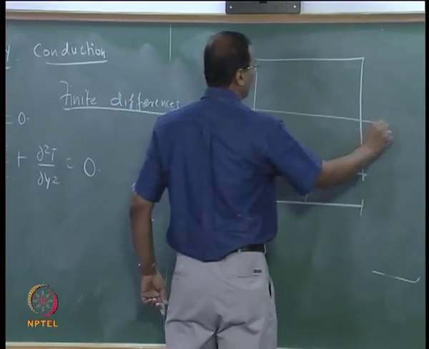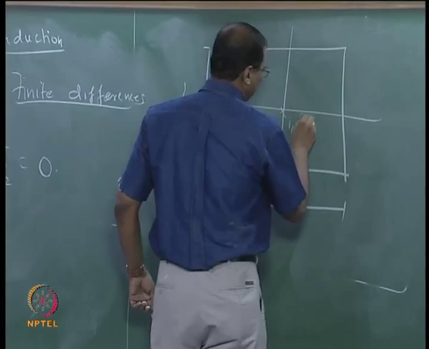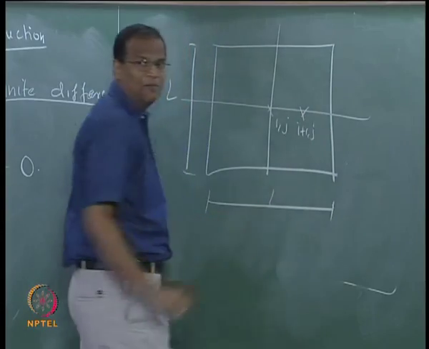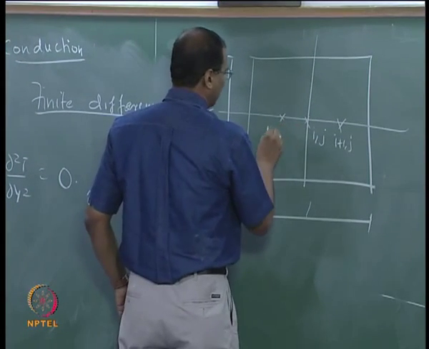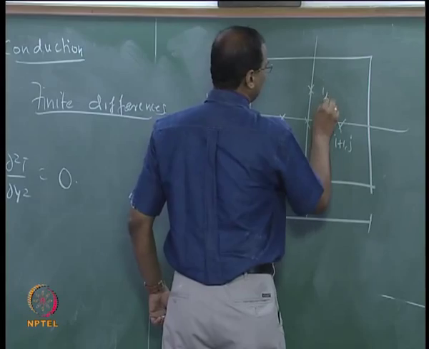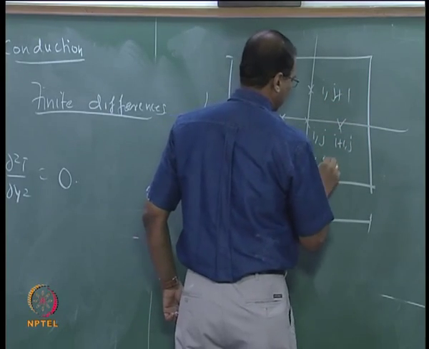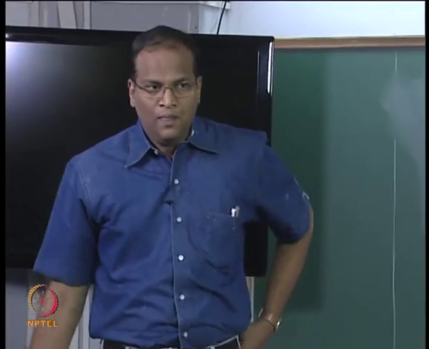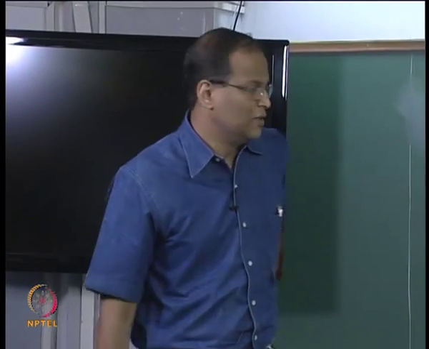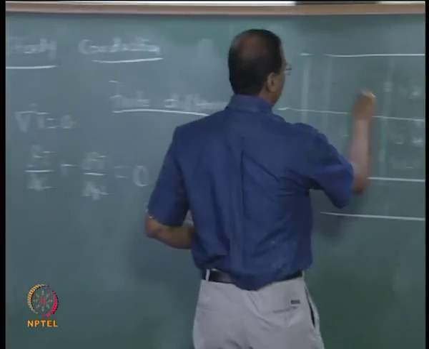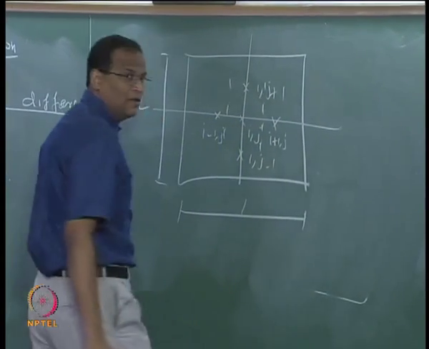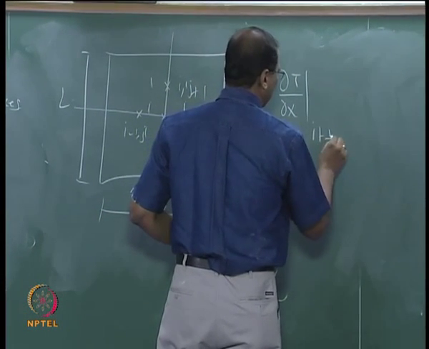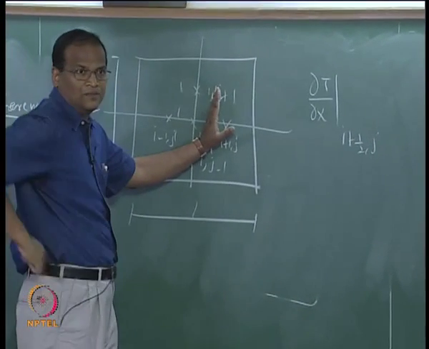So what I do is I take a particular node called i comma j, then I take one more node i plus 1, j, here i minus 1, j, here i, j plus 1, and here i, j minus 1. Now I can calculate dT by dx at i plus half comma j, that is here in the middle.